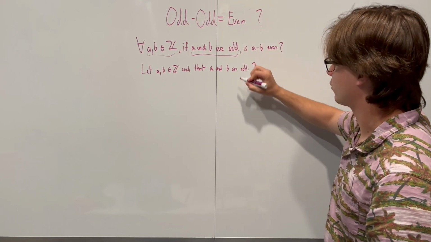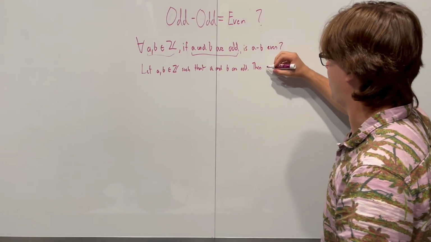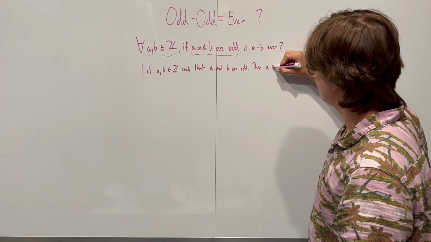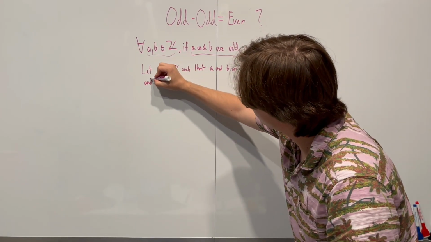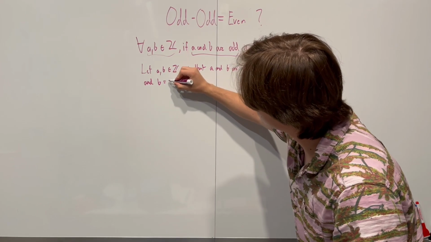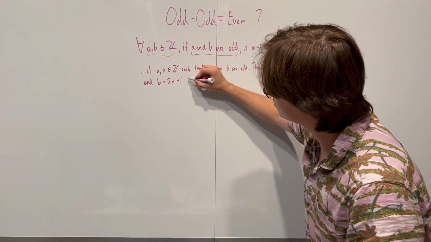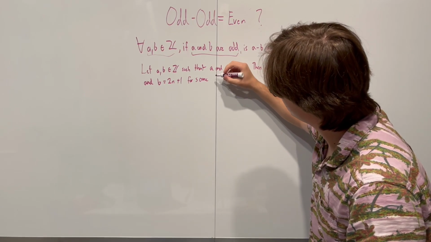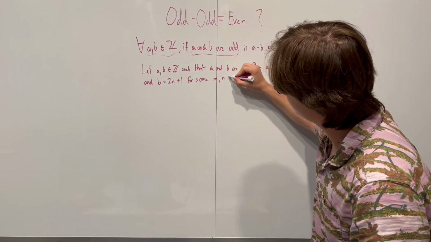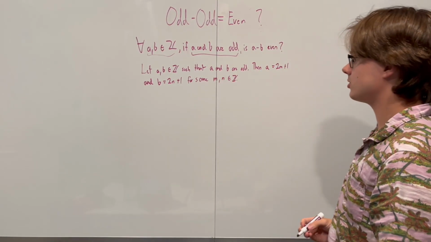Then let's unpack more clearly what we define a and b to be odd as. Then a is equal to 2m plus 1 and b is equal to 2n plus 1 for some m, n that are integers.